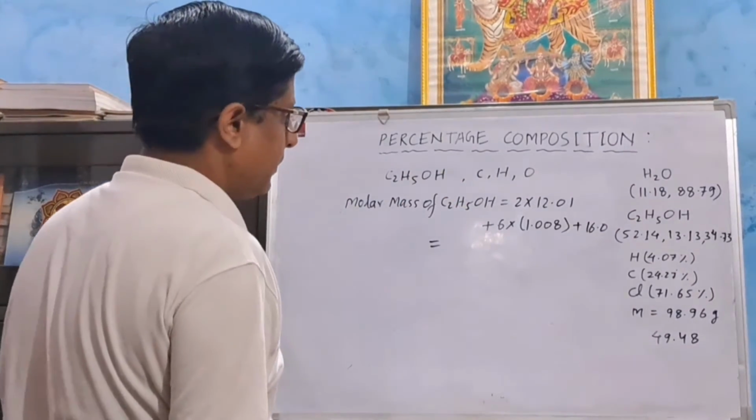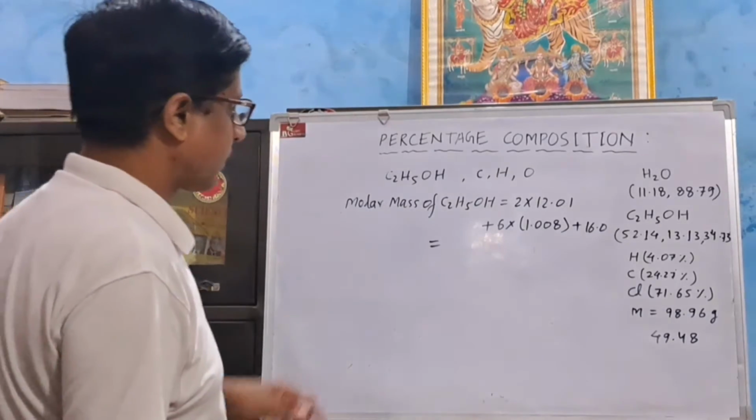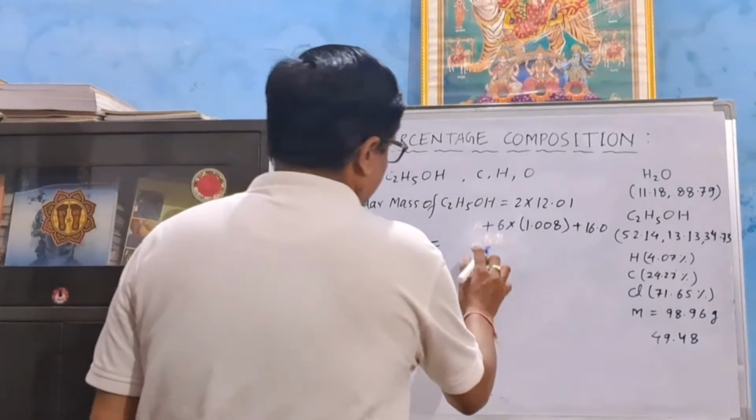After addition, the molar mass of ethanol can be obtained.